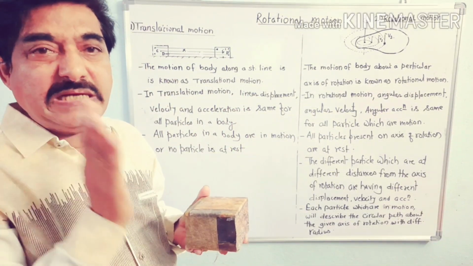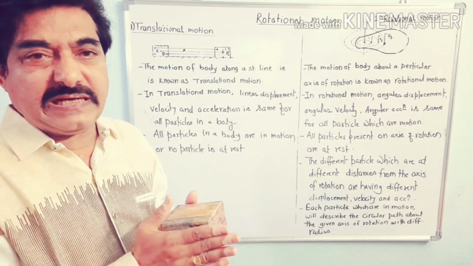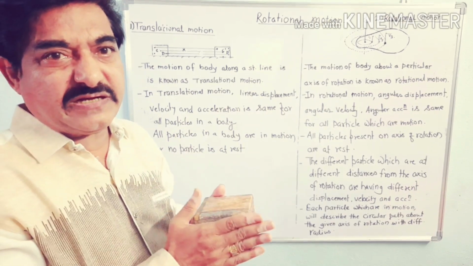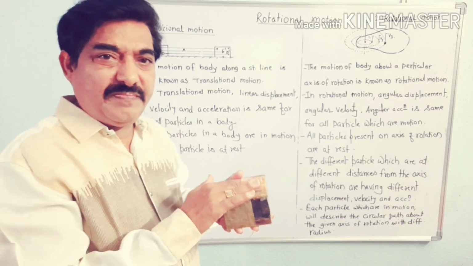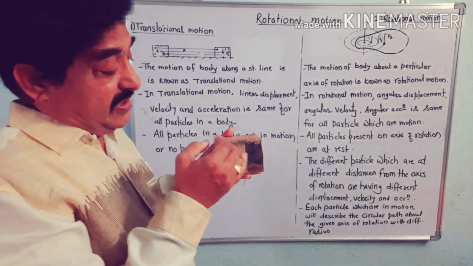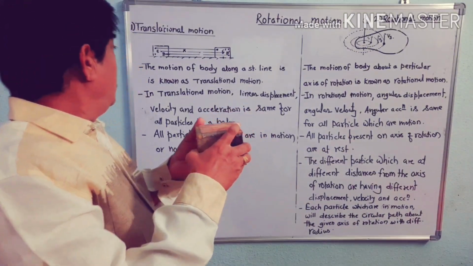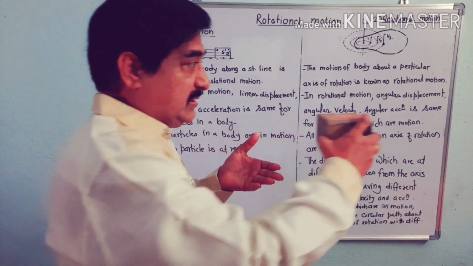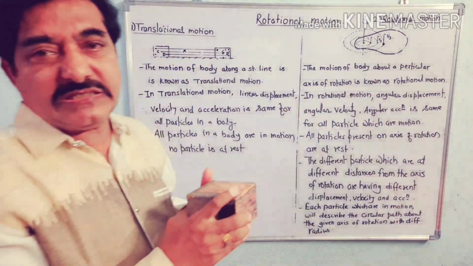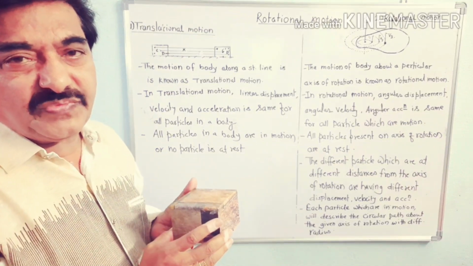So, in a translational motion, what are the characteristics? First characteristic is its definition. The motion of a body along the straight line is known as a translational motion.